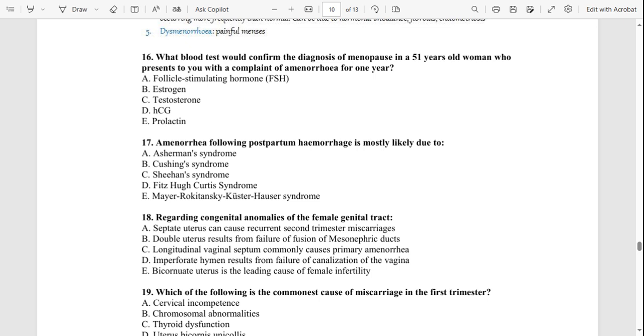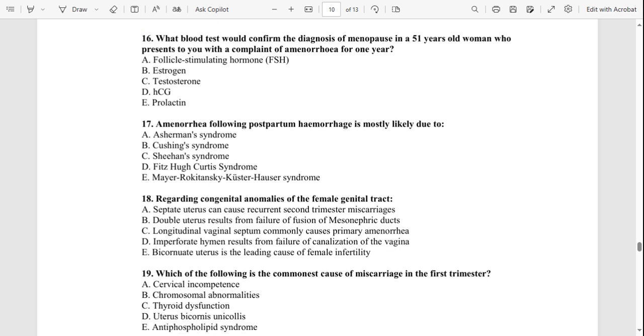So that leads to hypopituitarism, and then it means that there's going to be deficient gonadotropin secretion from the pituitary. Which ones are the gonadotropins? It is FSH and luteinizing hormone. Since these can't be stimulated and released, they're the ones that cause ovulation and the maturation of the follicles. So that causes amenorrhea.